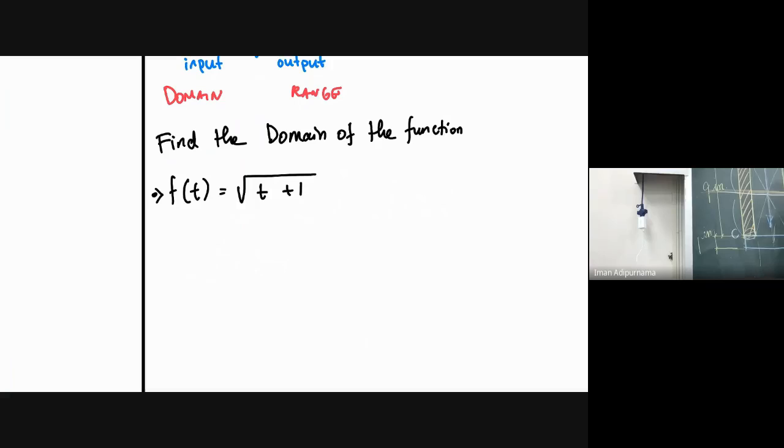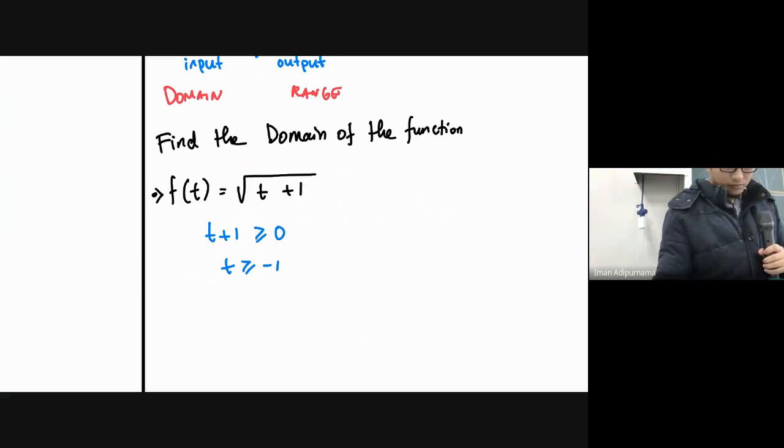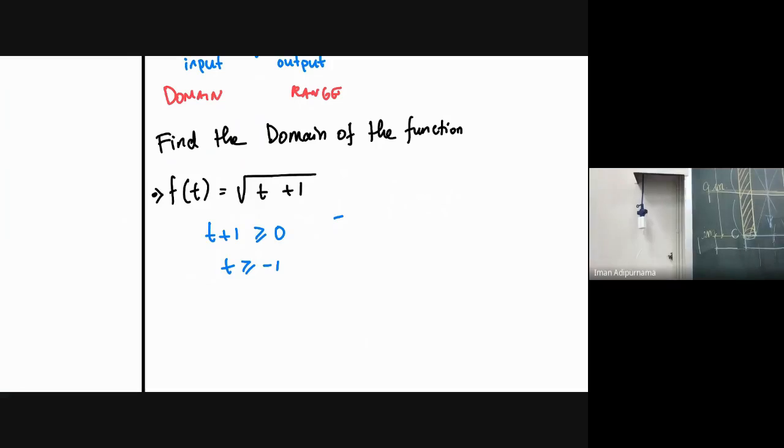So we can set up t plus 1 should be greater than or equal to 0. So you get this is your domain. Or you can write it like -1 until infinity. That's also fine. It's totally fine.